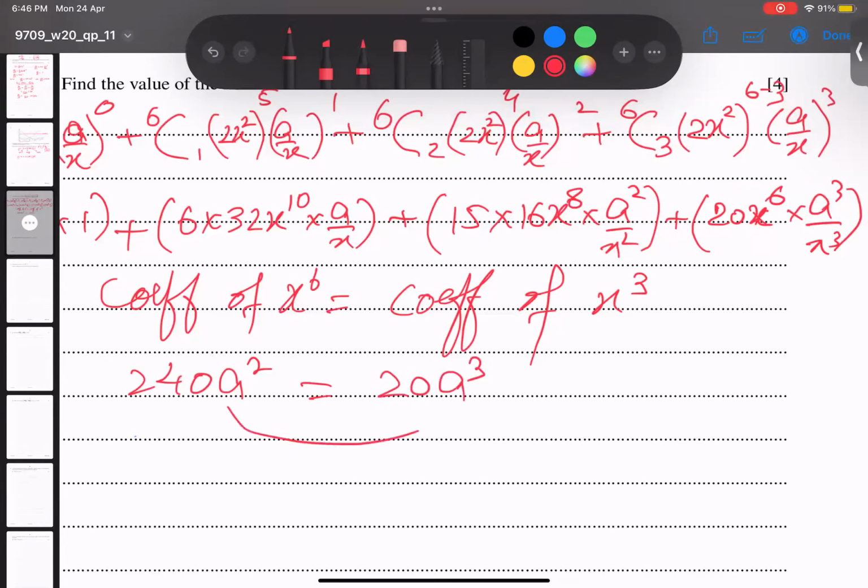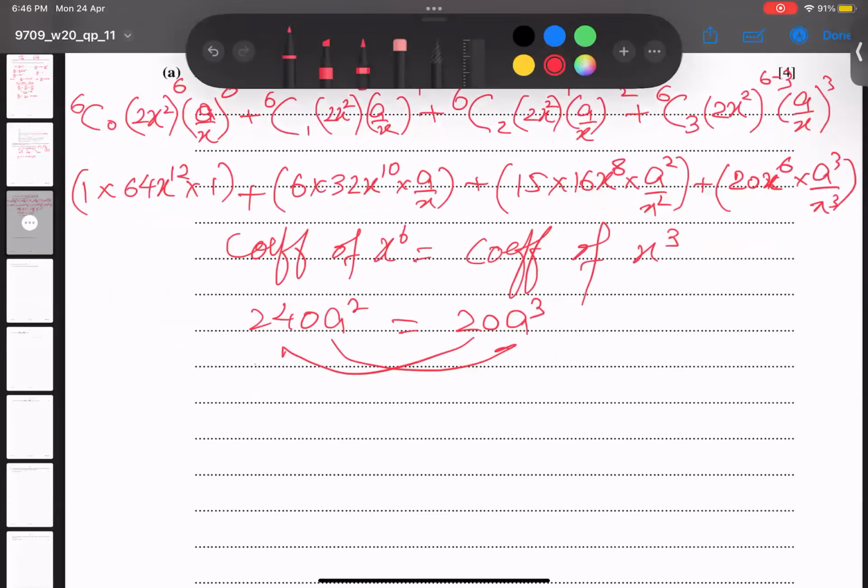So this a squared goes down and 20 goes this way. I'm getting 240 over 20 and a cube over a square. This cancels out.